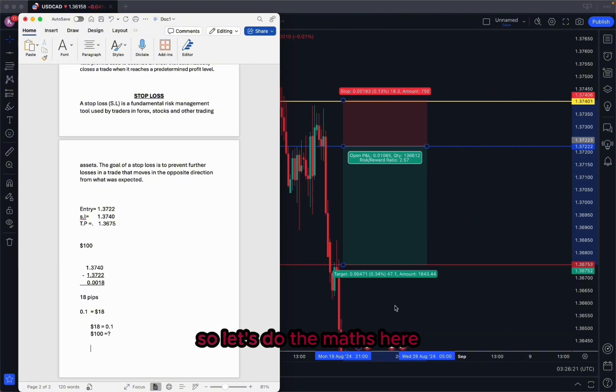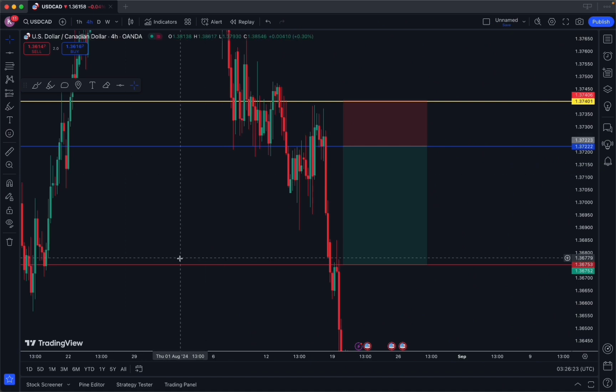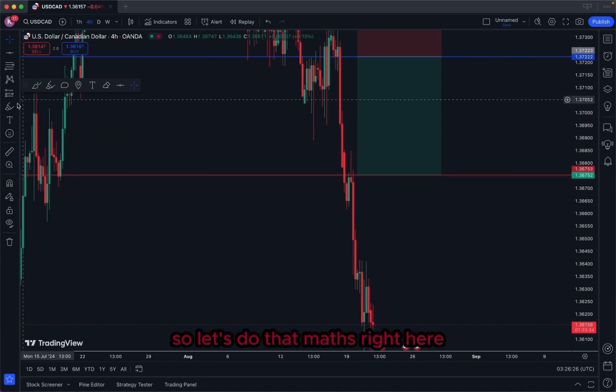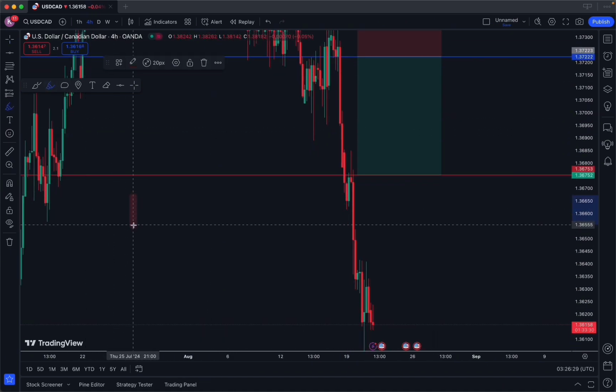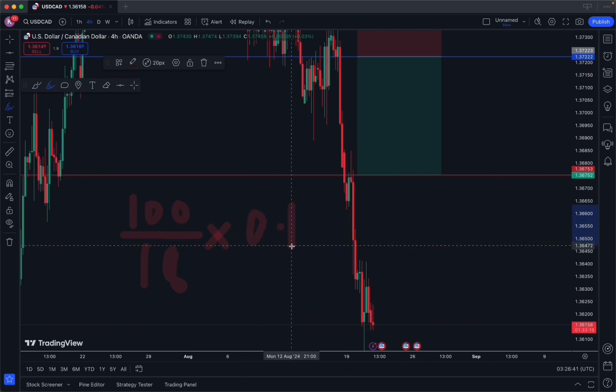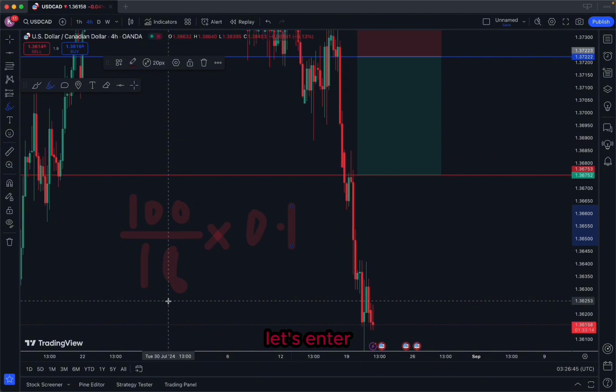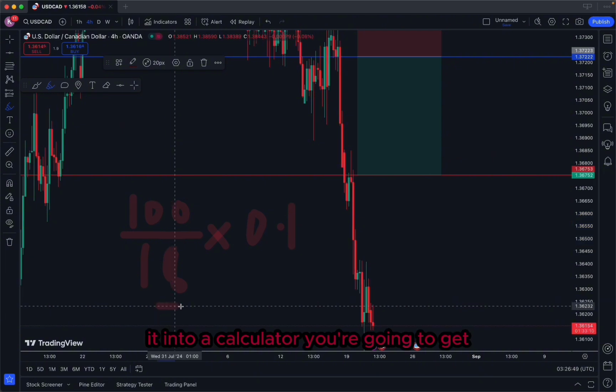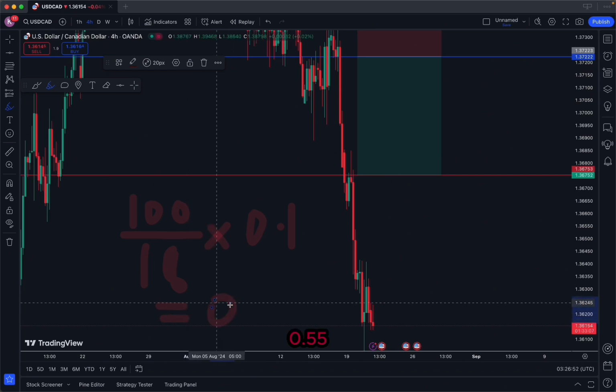So let's do the math right here. It's going to be 100 divided by 18 times 0.1. Let's enter it into our calculator. We are going to get 0.55.